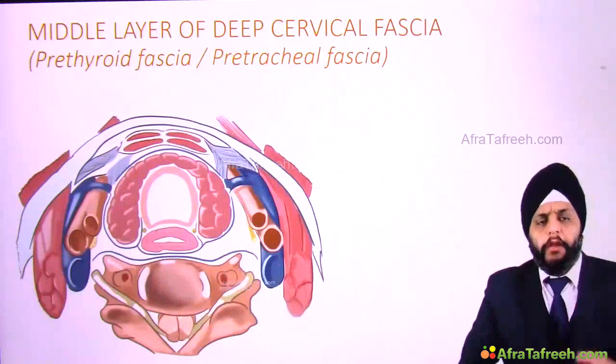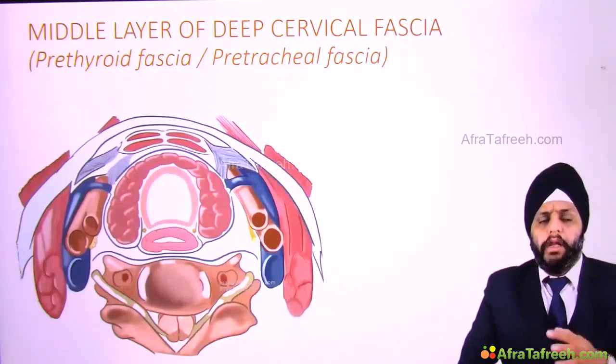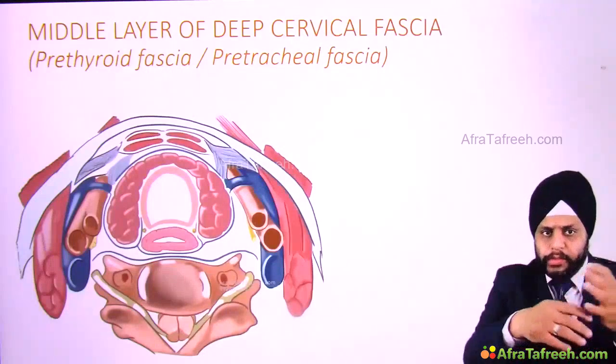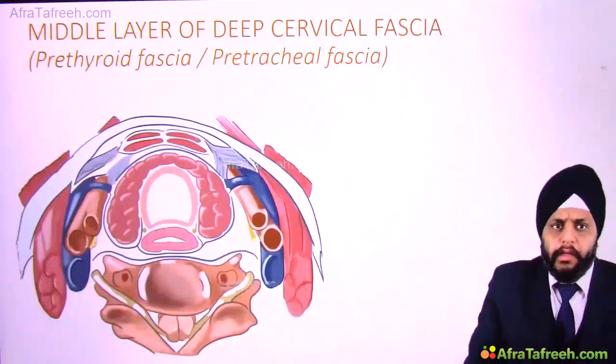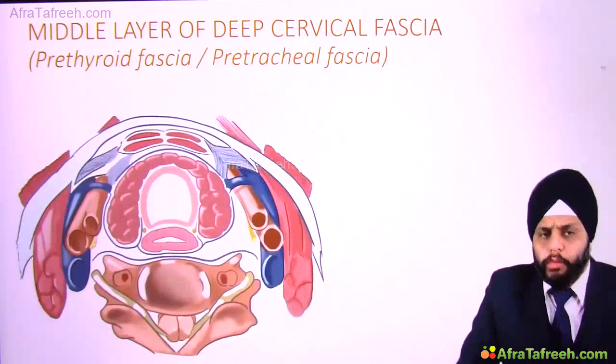Now the middle layer of deep cervical fascia is also known as pretracheal fascia or pre-thyroid fascia. Although the name is pre, it surrounds the thyroid and the trachea. You can divide this fascia into two different components.